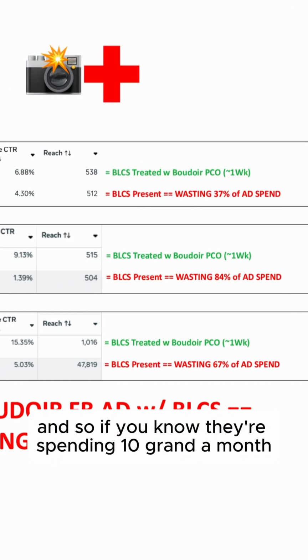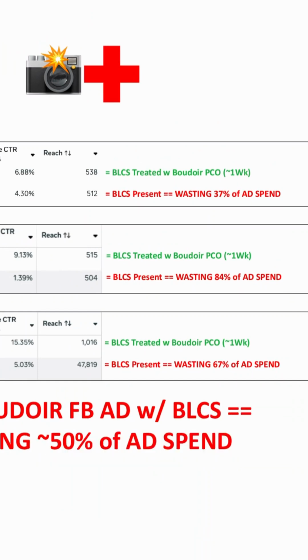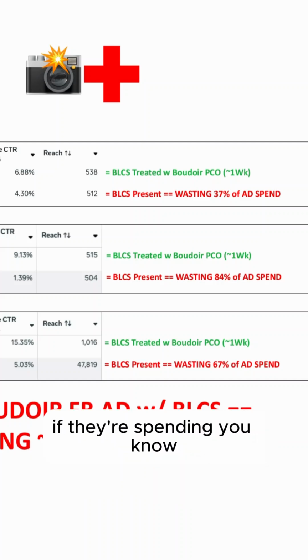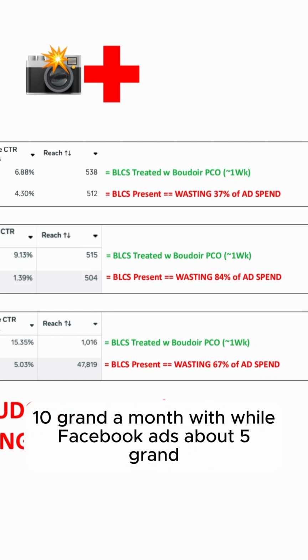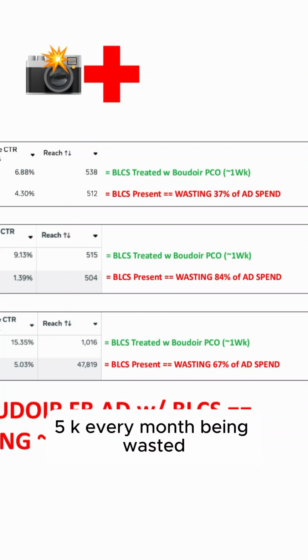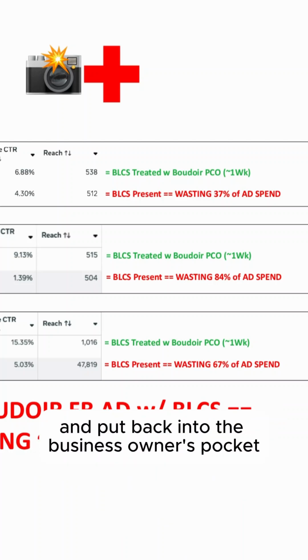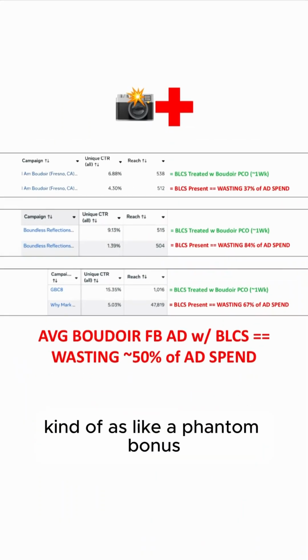So if they're spending 10 grand a month, about 5K every month is being wasted. Like 60 grand over the next year, and that can be eliminated and put back into the business owner's pocket, kind of like a phantom bonus.